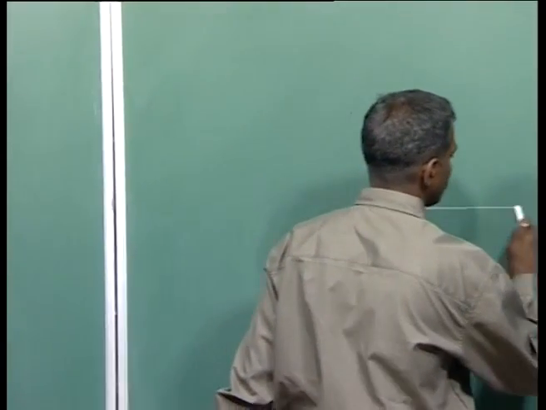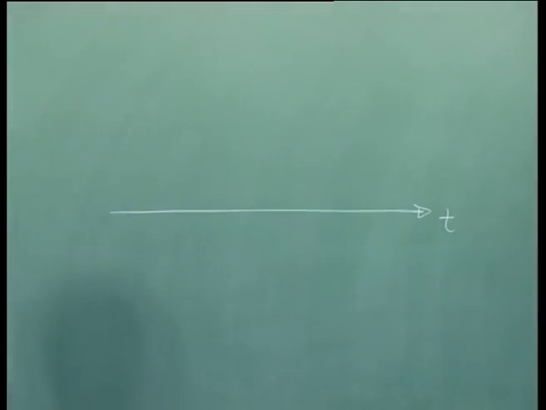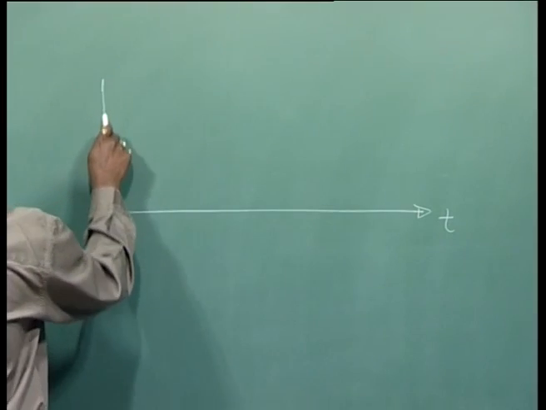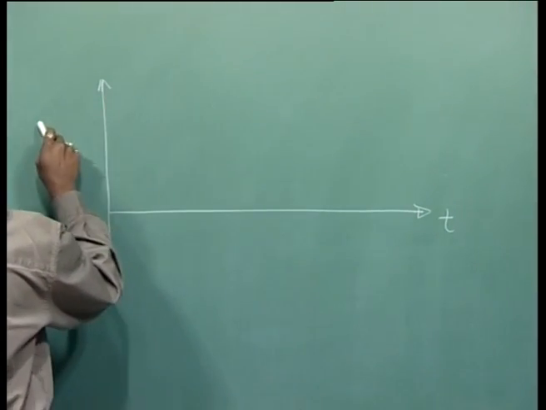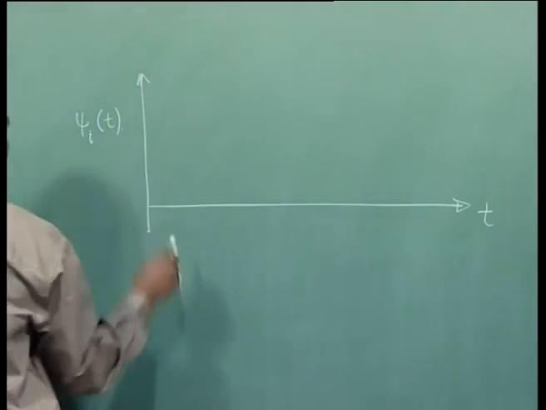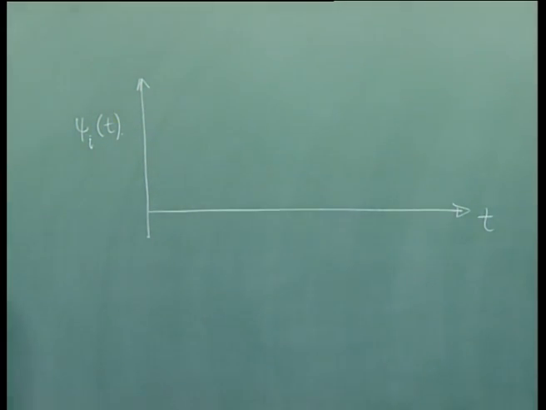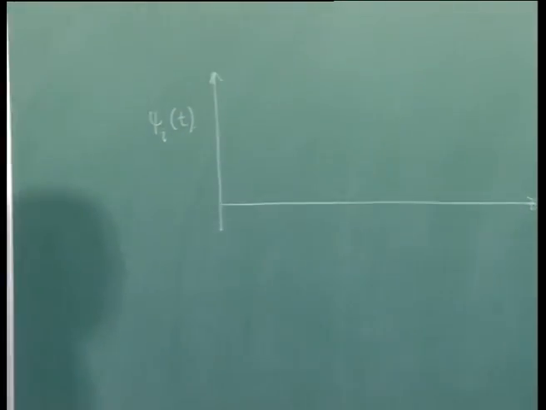I first draw the parameter axis t. I draw the vertical axis that would represent the value of psi i. So remember, I am now constructing a bell-shaped basis function or a bell-shaped piecewise composite curve.